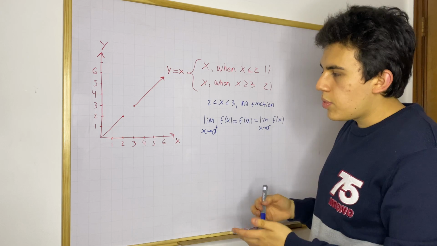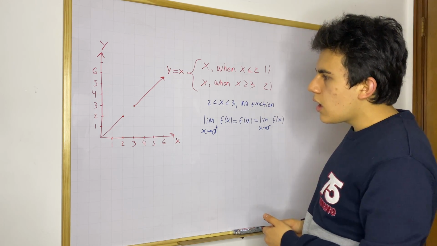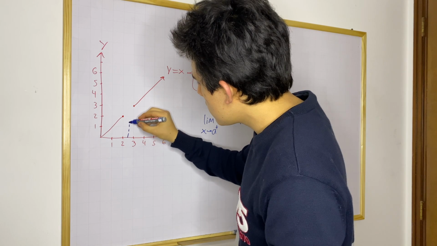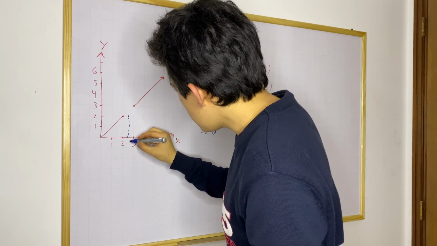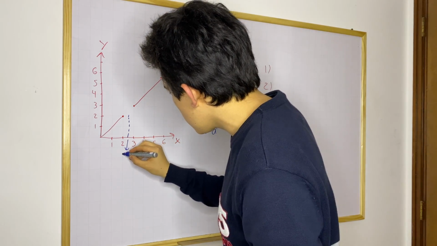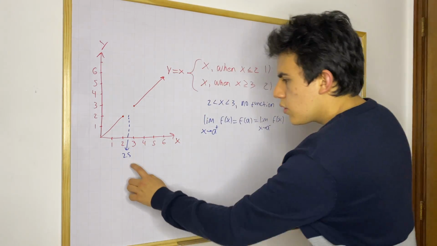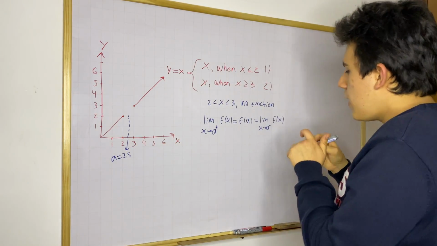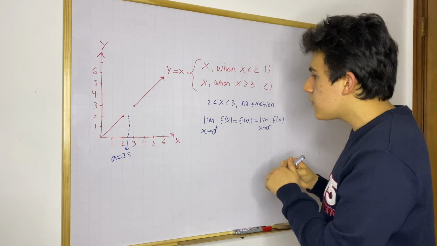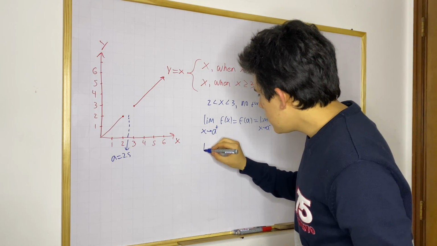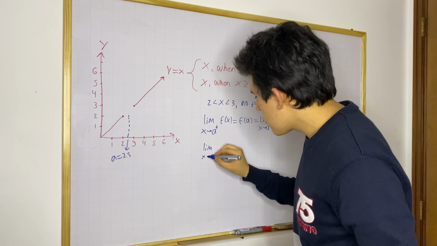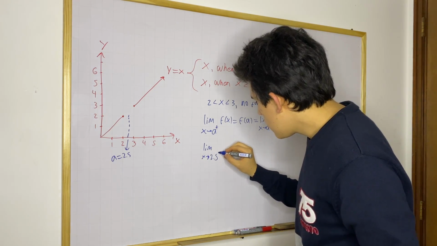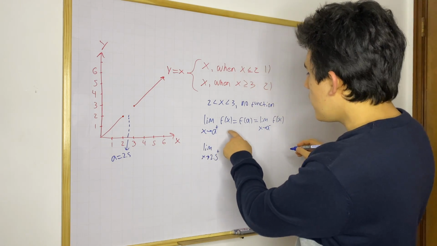You can grab this definition and plug in some information from this graph into this. So let's say we choose, for instance, 2.5, okay? So this will be 2.5, and this is going to be our point A. If A is equal to 2.5, then we can say, what happens if we take the limit as x approaches 2.5 from the right side for the function f of x.